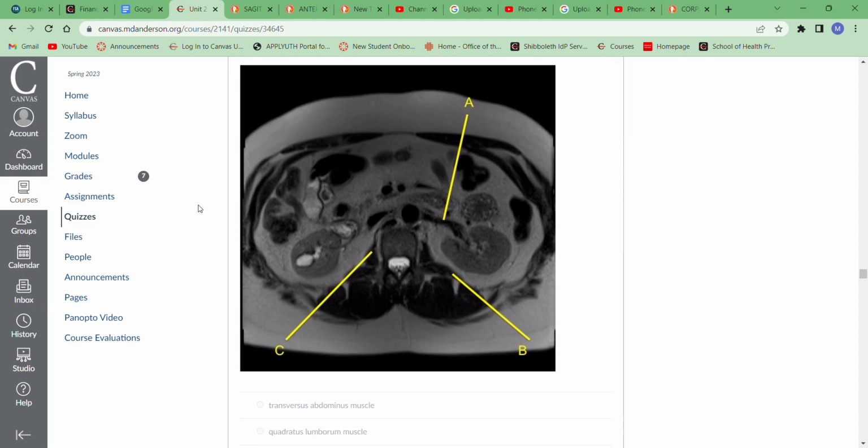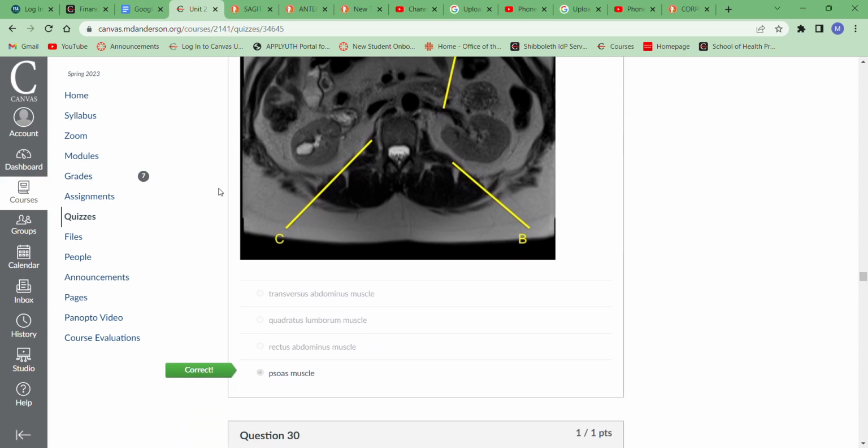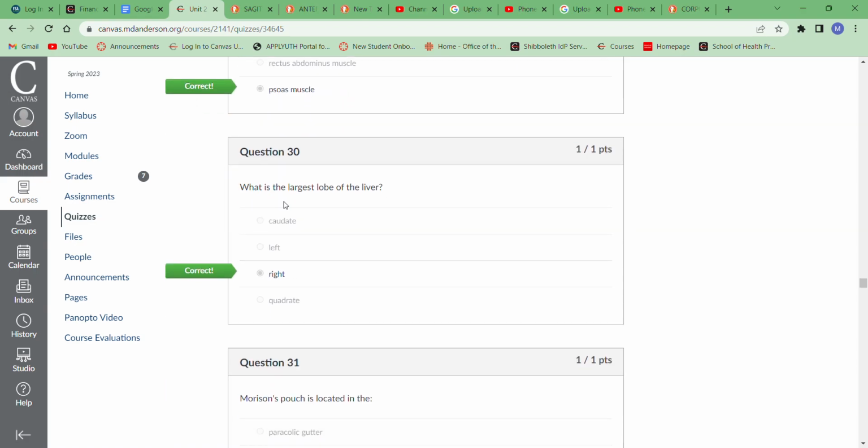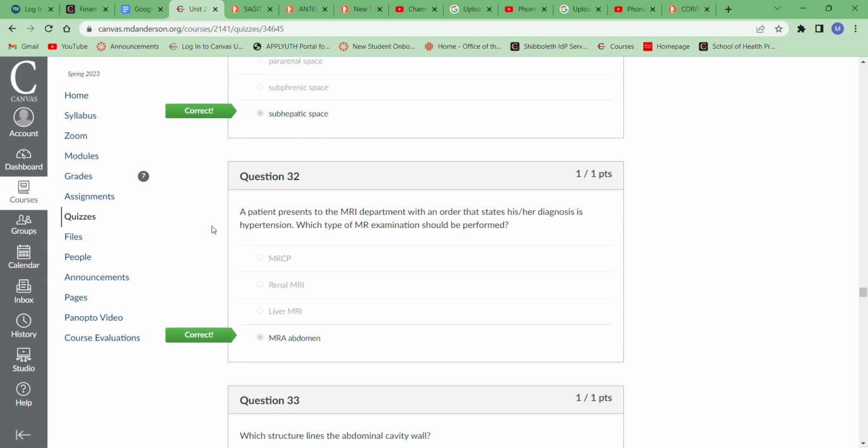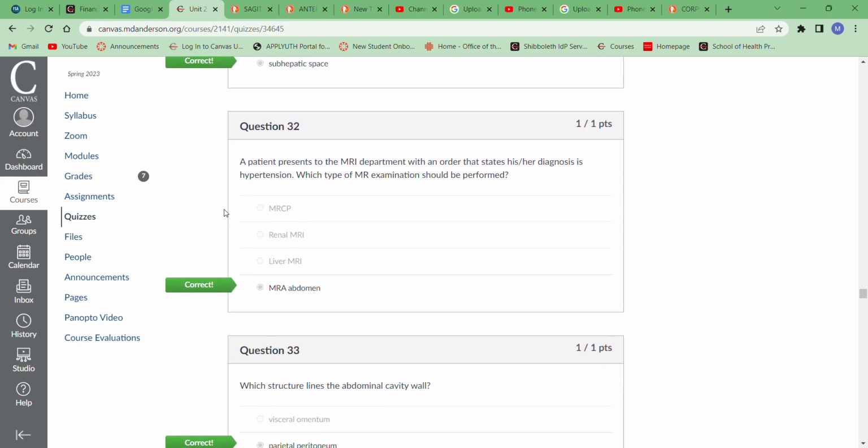Structure C, that's the psoas muscle. The largest lobe of the liver is the right, that one's easy. Morrison's pouch is in the subhepatic space. A patient presents to the MR department with hypertension. You should do an MRA of the abdomen. Okay?